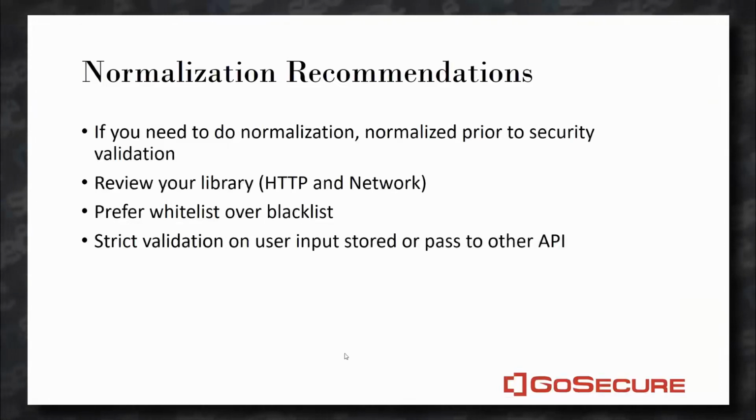Review the library you're using, especially if you have a critical application that is doing some validation on host names or stuff like that. Maybe the HTTP library or the network library you're using could do some normalization and you don't know about it. So you can test it with the characters I'm providing in the list. So again, prefer general security rules of thumb: prefer whitelist over blacklist if possible, and do strict validation at the source.